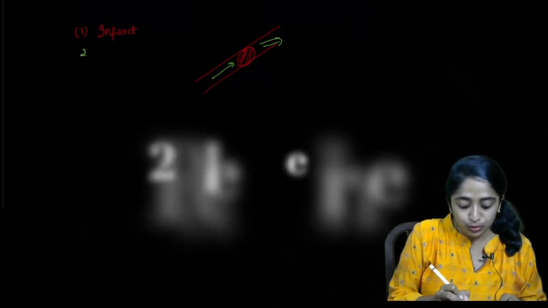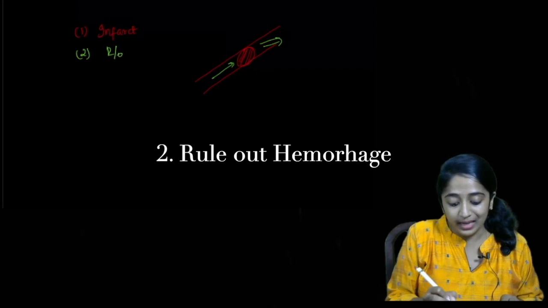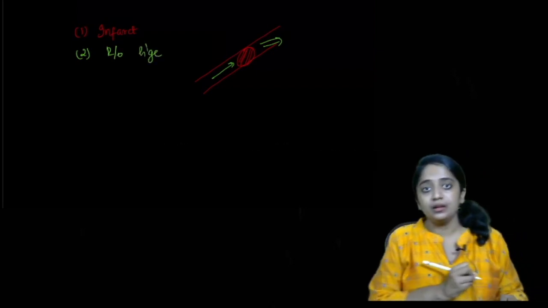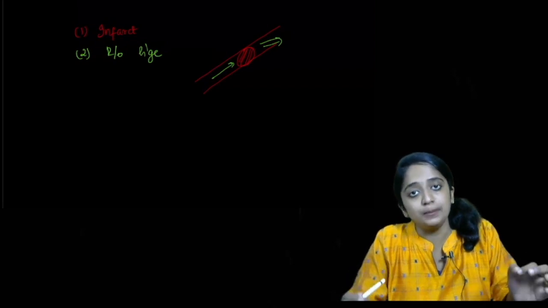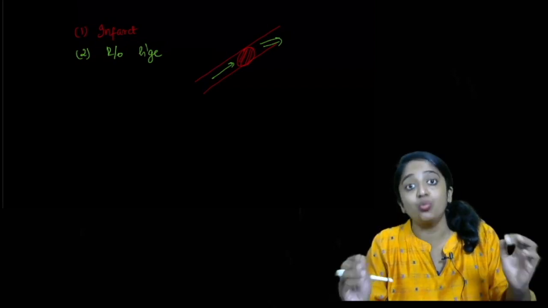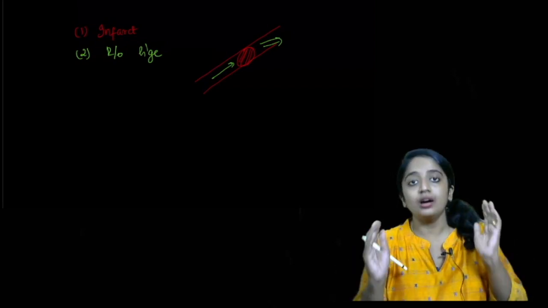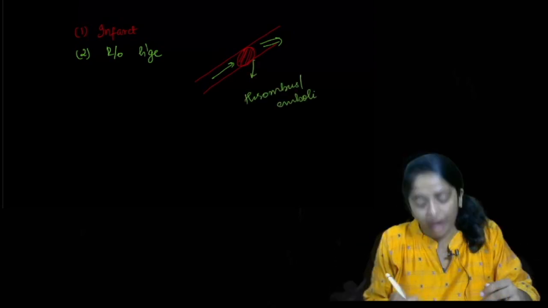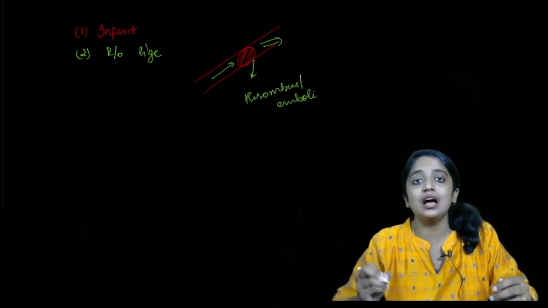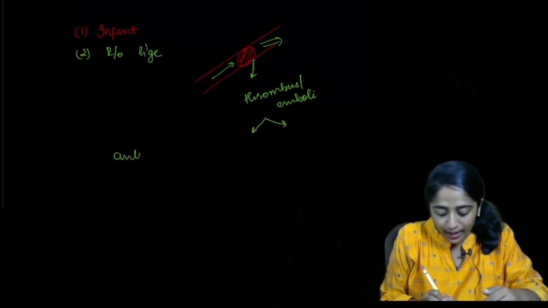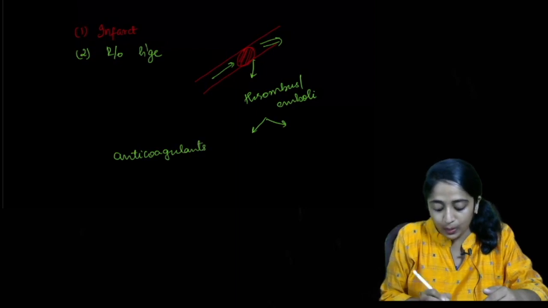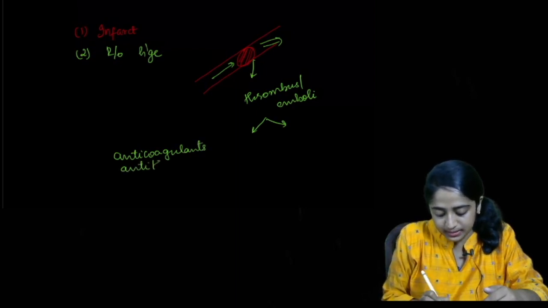Two is to rule out any hemorrhage. Why? Because we know that the mainstay of treatment of ischemic stroke is to revascularize or undergo reperfusion. Our aim is to re-establish the flow either by giving anticoagulants or thrombolytics.